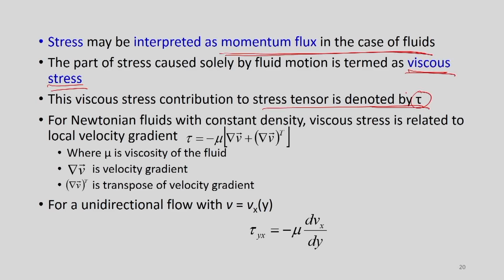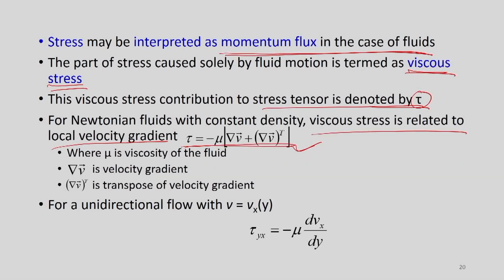If you have a Newtonian fluid with constant density and constant viscosity, then the viscous stress is related to the local velocity gradient as tau is equal to minus mu times del v plus del v transpose, where mu is the viscosity of the fluid, del v is the velocity gradient, and del v transpose is the transpose of the velocity gradient. This has all 9 components actually, it is a generalized one.